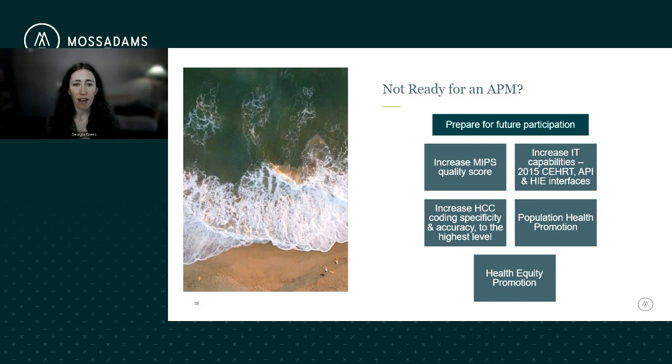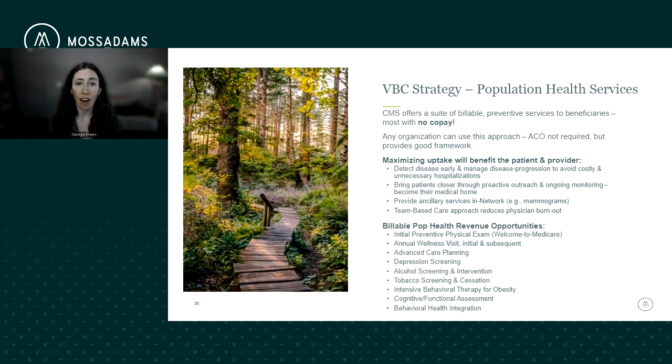I will also add there are population health and health equity billing codes. So you can do really good work that supports value-based care and get paid for it. And it's really exciting that Medicare values these things and wants to pay you to do them. I know we're running out of time here, but just want to highlight that at the bottom of this slide, you'll see a whole list of different primary care services that a lot of folks don't often realize they can provide to help those chronically ill patients.